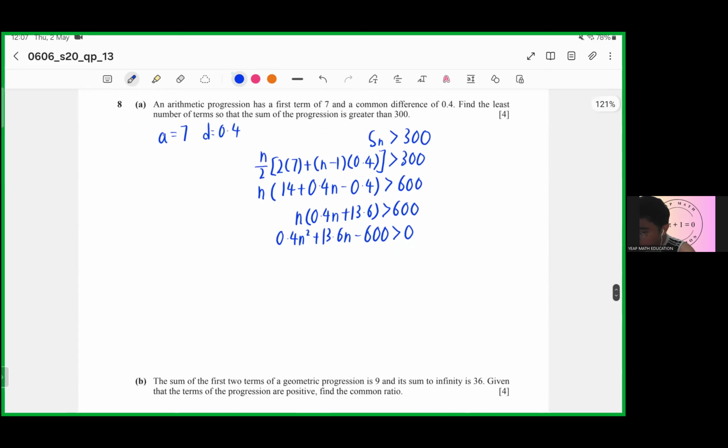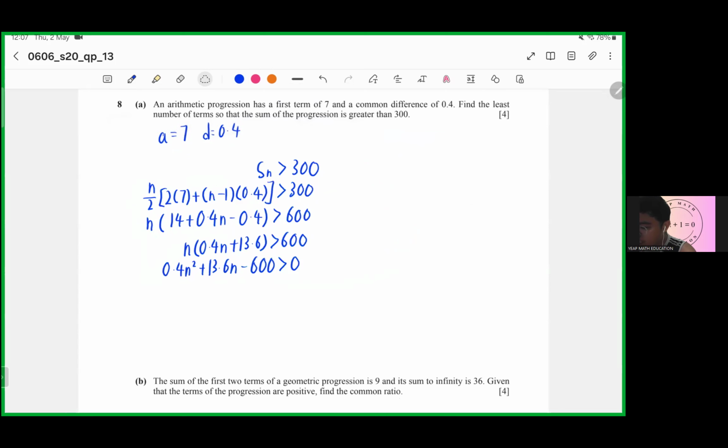I just put that as the roots. After we get this equation, as we know n will not equal integers, so we can use the quadratic formula to find it. Negative 13.6 plus minus. I just make it simple, so I calculate b squared minus 4ac in my calculator, and then put 0.4. We can get two answers.